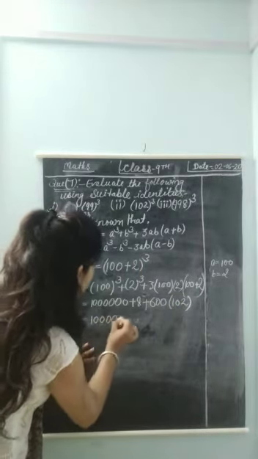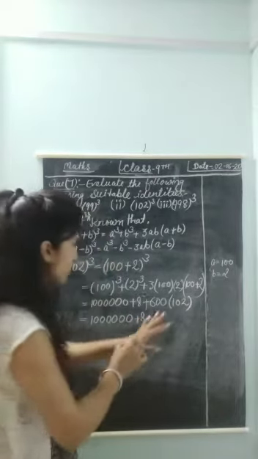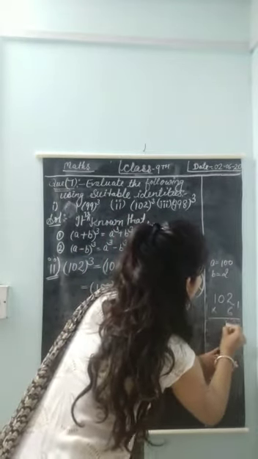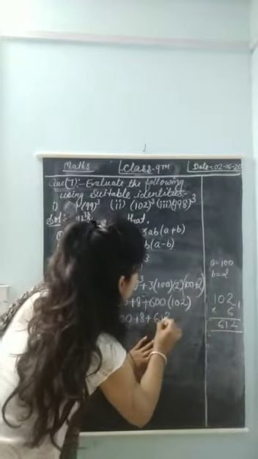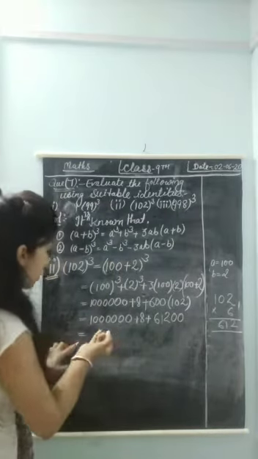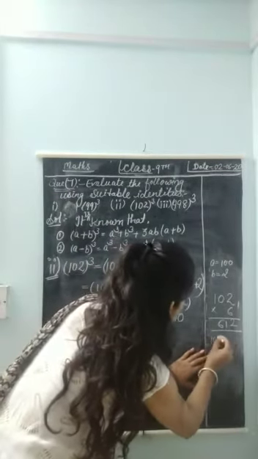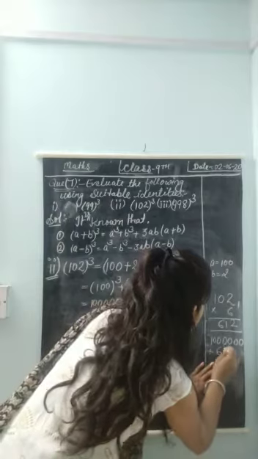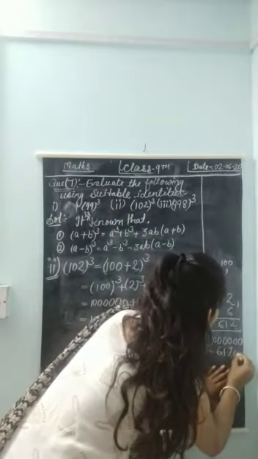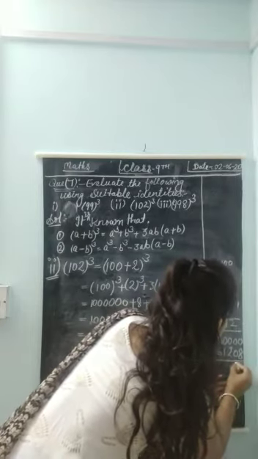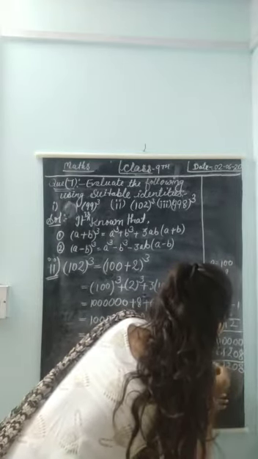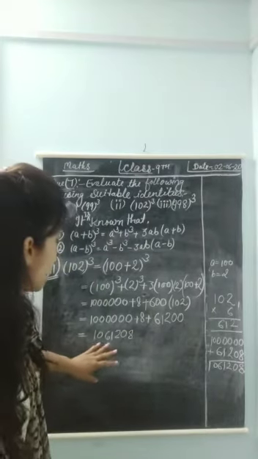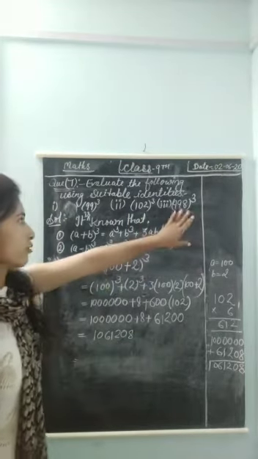By solving, 6 times 102 gives 612, and with 2 zeros it is 61,200. Now we add these two numbers, 1,000,008 plus 61,200, and we get 1,061,208. Students, you can try the third question also.